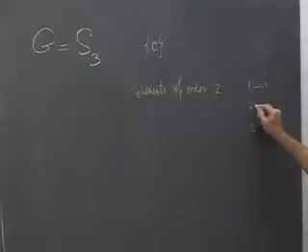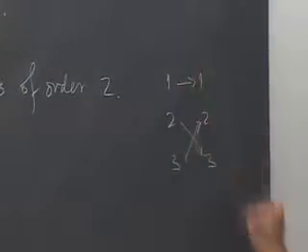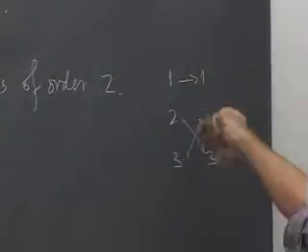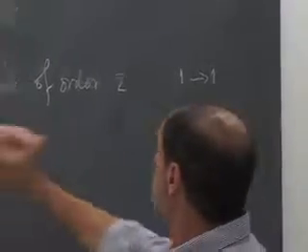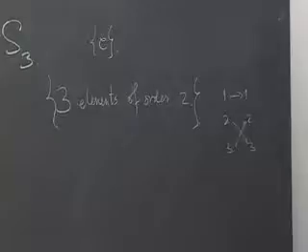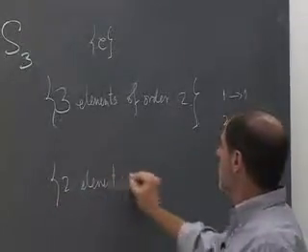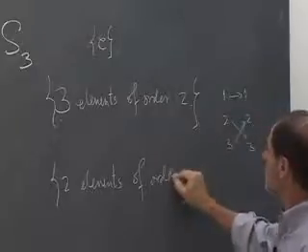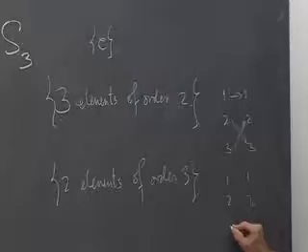An example of a transposition would be this, or the things fixing 2 and switching 1 and 3, or the things fixing 3 and switching 1 and 2. So there are 3 elements of order 2. They form a conjugacy class. And then there are 2 elements of order 3. Those are the things that cycle around.